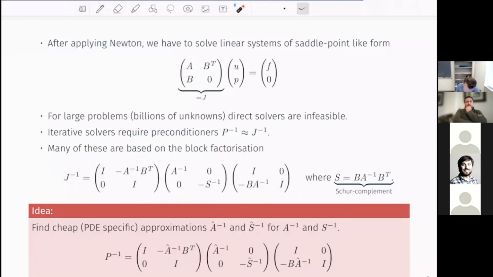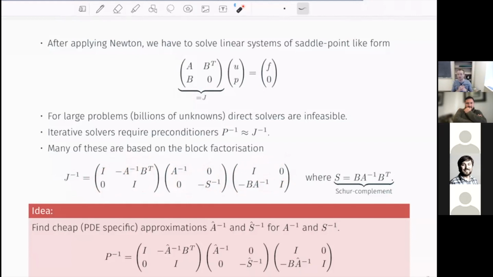So what appears in this triple product? We have two triangular matrices, and we have a diagonal matrix. And the blocks that pop up are this A inverse three times, and this S inverse. Right?